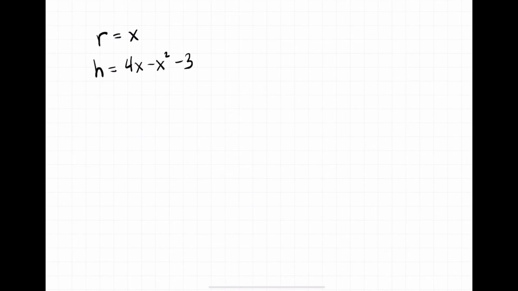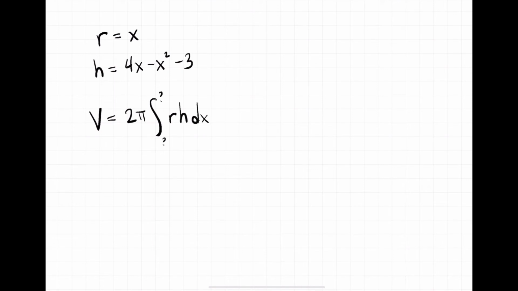So now we're ready to put this information together into the integral that solves this problem. We determined that the radius of one particular cylindrical shell is x, and the height of that shell is 4x minus x squared minus 3. The formula for our volume, we can pull the 2 pi to the outside and say 2 pi times the integral from some bound to some other bound of the radius times the height times dx.